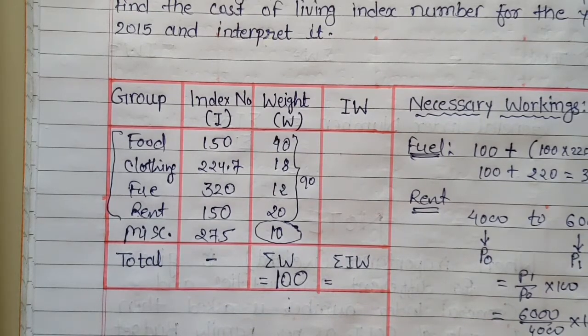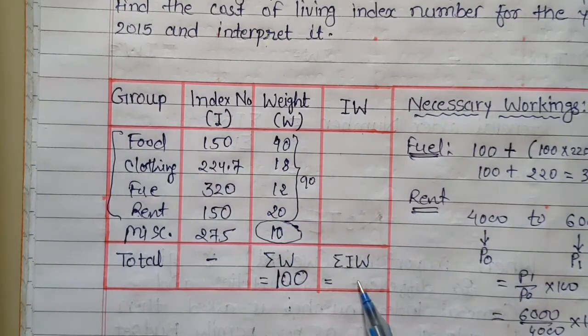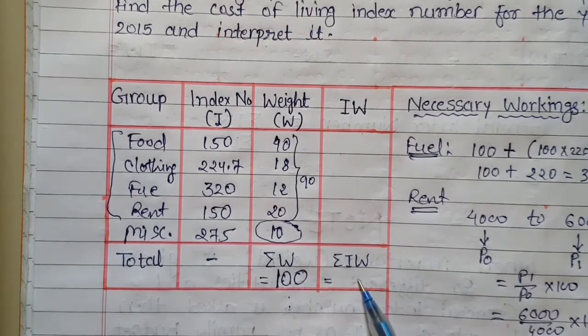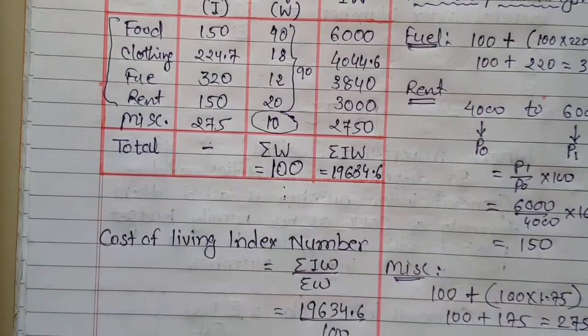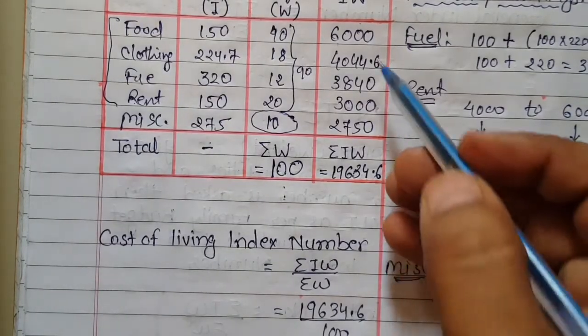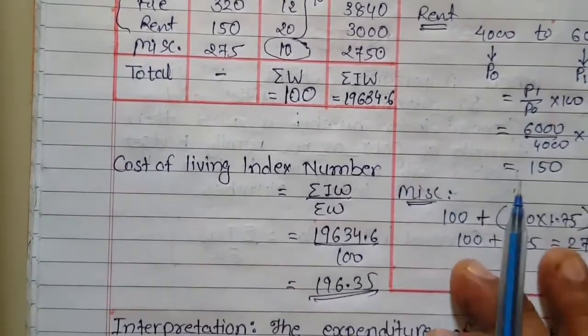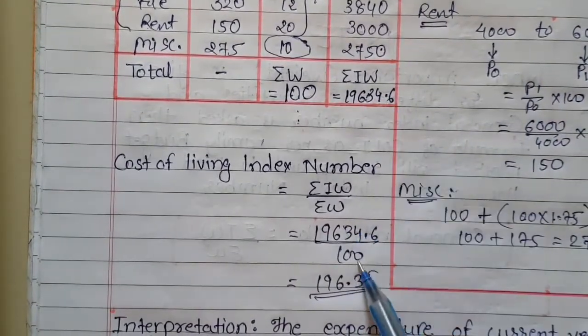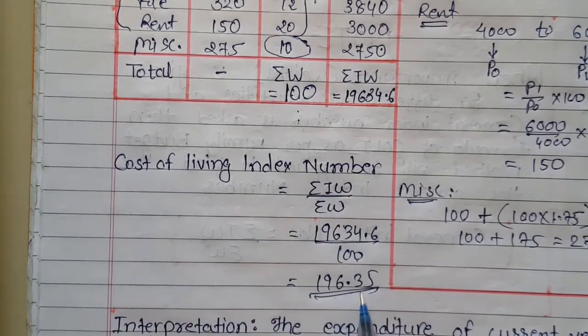And you know the rest of the calculation, I have to just multiply I and W. I will make the summation of sigma IW and put the value. So friends, you can see I have made the multiplication of IW, I have made the total also, and I have put the value of sigma IW and sigma W and got the cost of living index number 196.35.